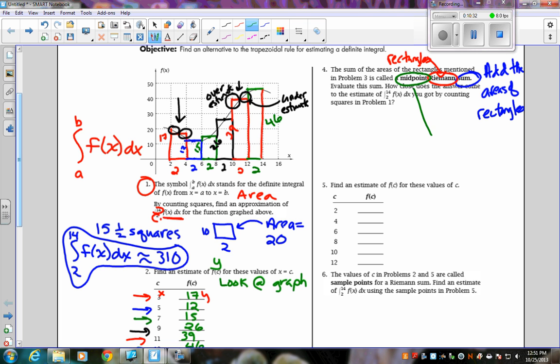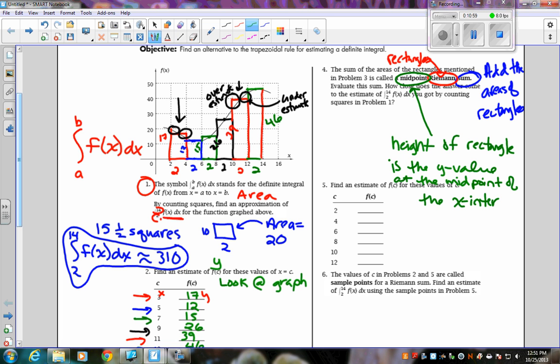The midpoint means that the height of the rectangle is the y value at the midpoint of the x interval.